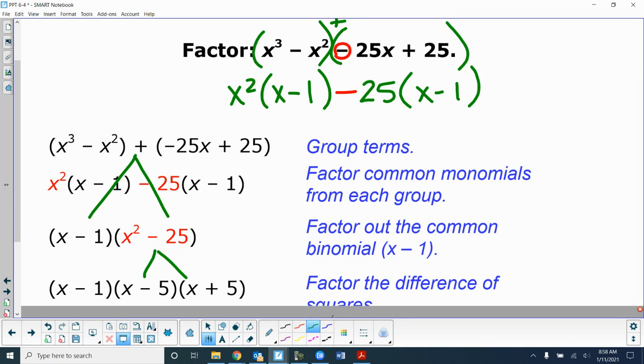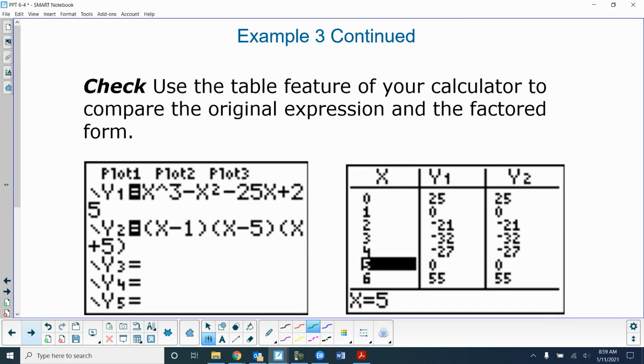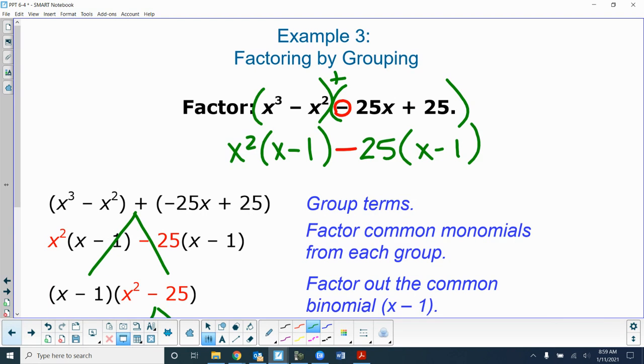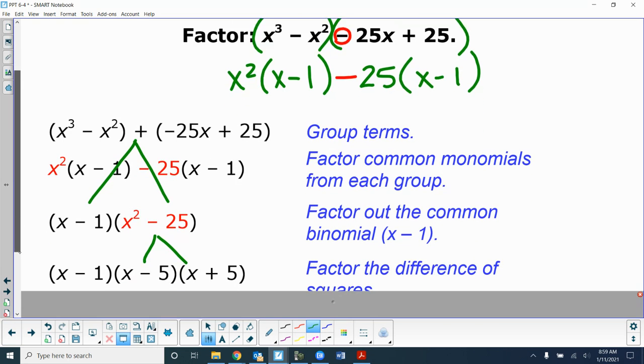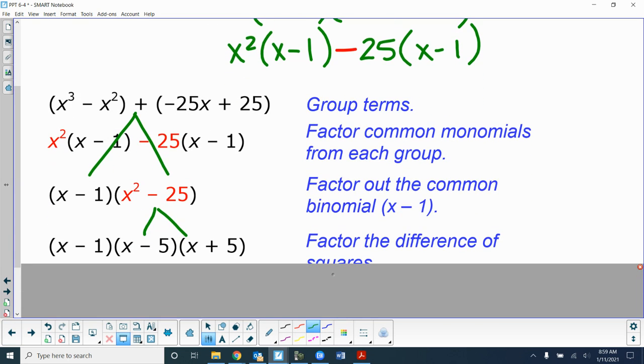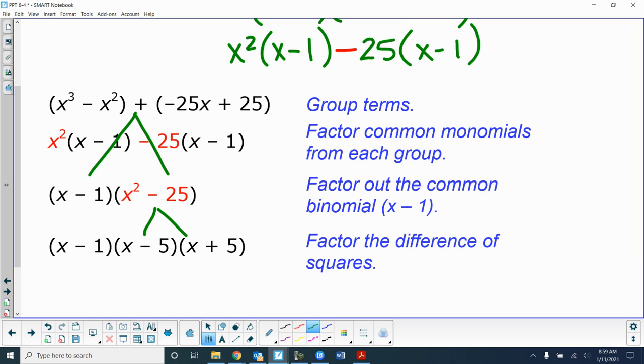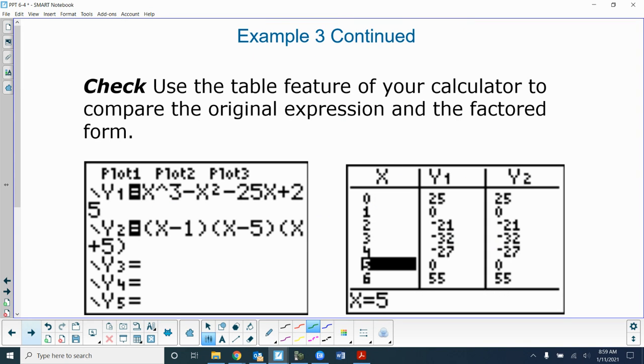Okay? That's factoring by grouping. All right, you can check, you know, I don't know if it says it on here or not. I guess not. But it says here, use the table feature of your calculator to compare the original expression and the factored form.